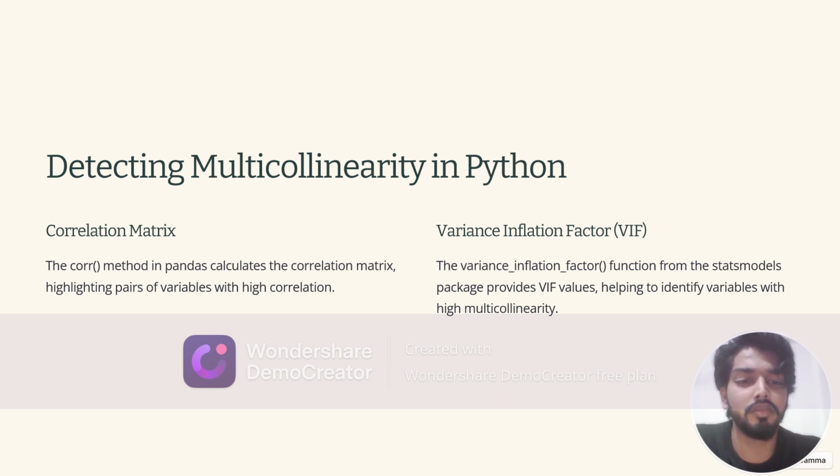The variance inflation factor function is also there, in the statsmodels library, providing VIF values and helping to identify variables with high multicollinearity. So there are two functions which are basically used to find out multicollinearity in Python. The first, to compute the correlation matrix, is the corr function, and the second, to determine the inflation, is the variance inflation factor method.